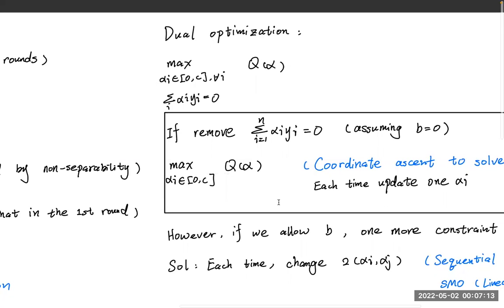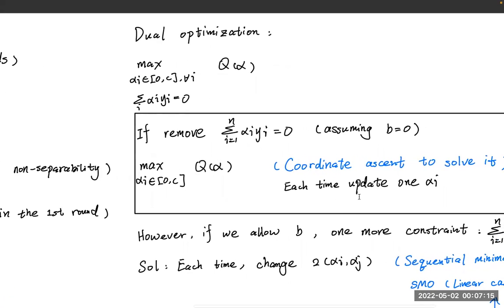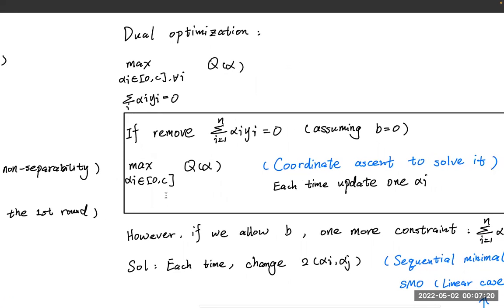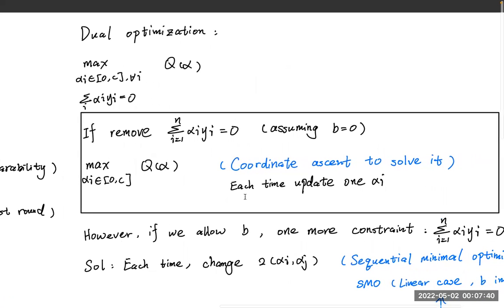We can accomplish this by dual coordinate ascent. That is, we go through i from 1 to n, and for each i, we maximize this function as a function of alpha i, keeping all the other alpha fixed at their current values. This is the coordinate ascent idea we discussed before.